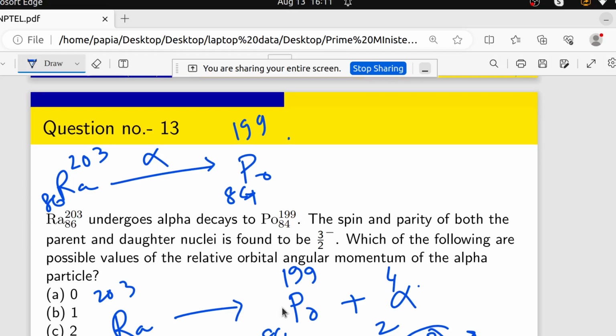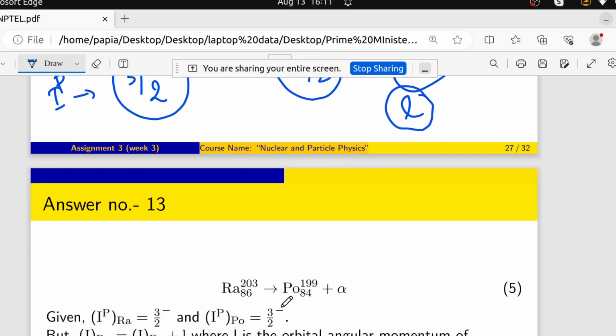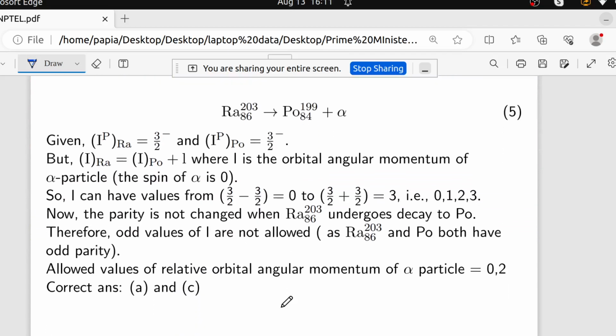Okay. So coming to the answer for that. So how can I find that one? See here, given that IP of radium is 3/2 minus and IP of polonium is also 3/2 minus. But I of radium is obviously equal to I of polonium plus I of alpha, right? So I is nothing but L plus S, total angular momentum.